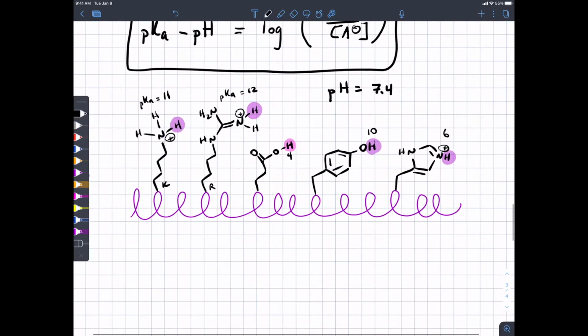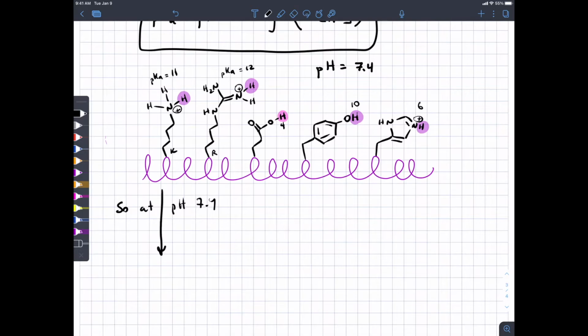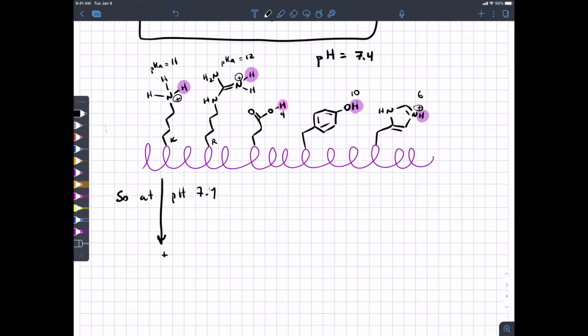So at pH 7.4, what does this side chain look like? Well, it's positively charged, and it's in its ammonium form. That's important because charged groups tend to be on the surfaces of proteins instead of in the interior, where on the surface they're exposed to water and can interact with water via hydrogen bonding or via counterions.